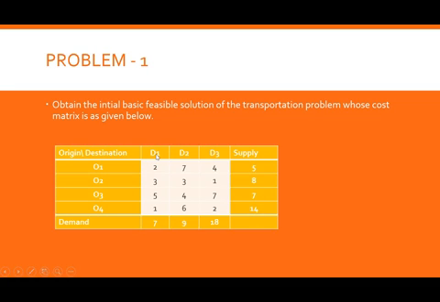And the demand for each destination is also given. Demand for D1 is 7, demand for D2 is 9, demand for D3 is 18.